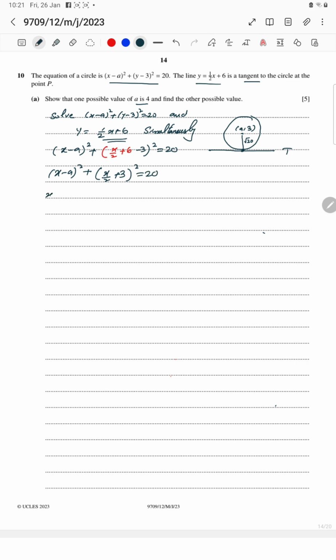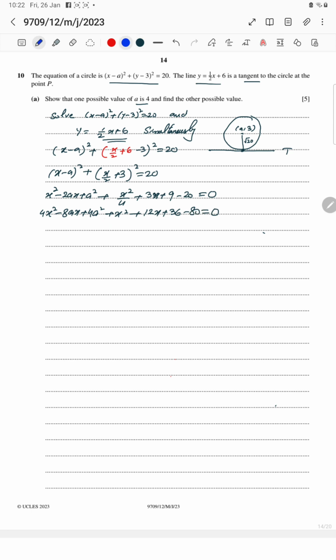So it becomes x square minus 2ax plus a square plus x square by 4 plus 3x plus 9 minus 20 equal to 0. Further, if I multiply 4 with each term to eliminate the denominator, we get 4x square minus 8ax plus 4a square plus x square plus 12x plus 36 minus 80 equal to 0.